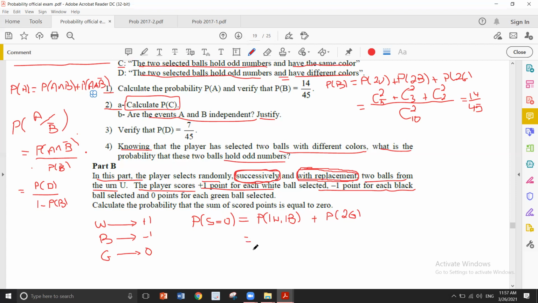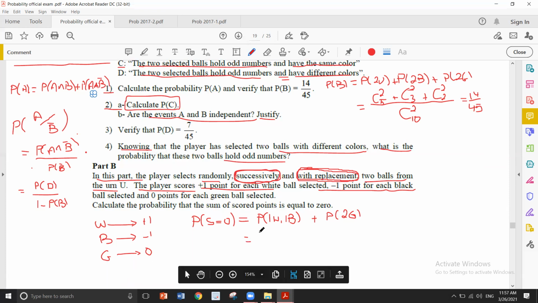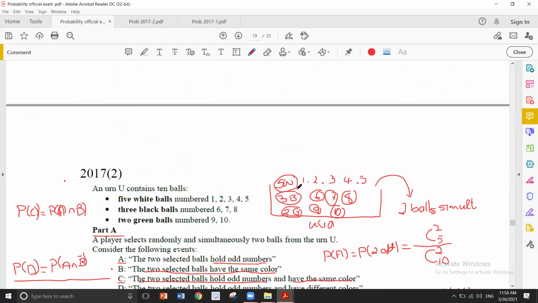Possible: 5 over total 10, so 5 over 10 times, the white are 5, the black how much?